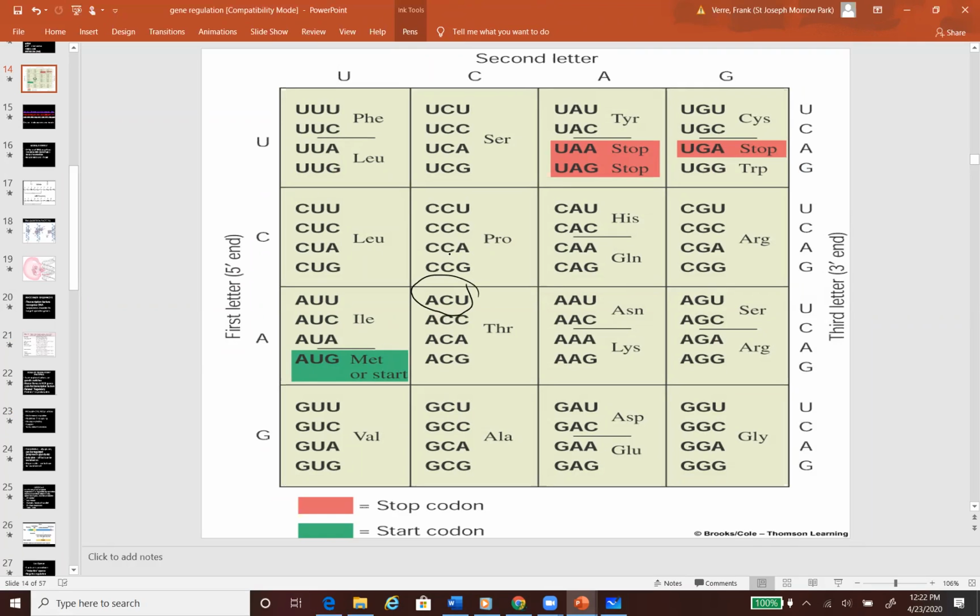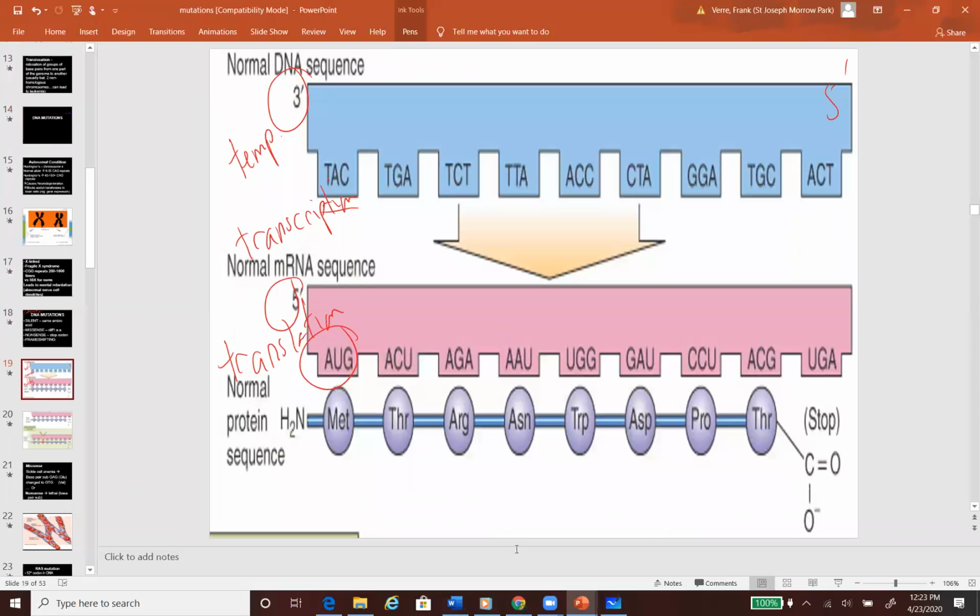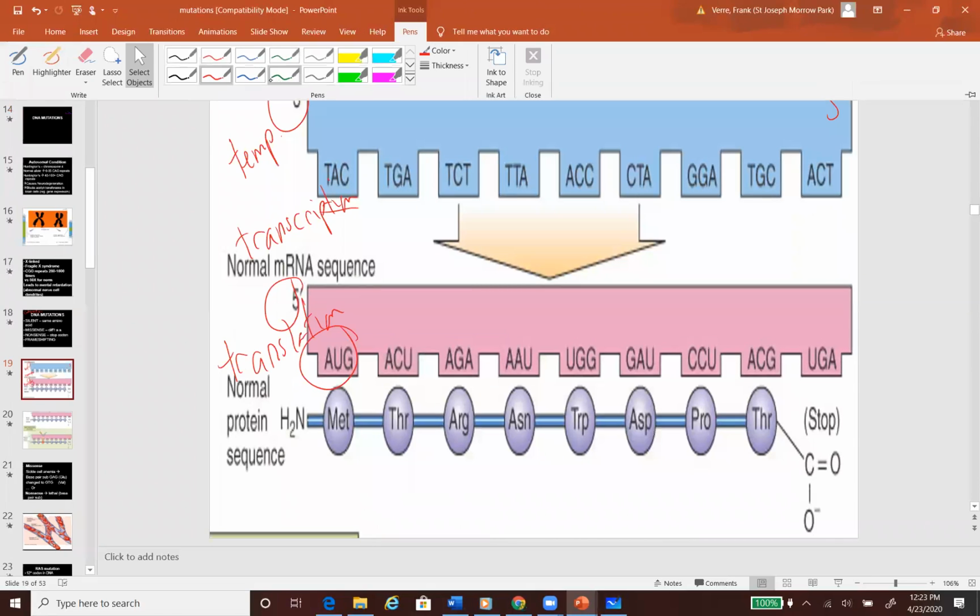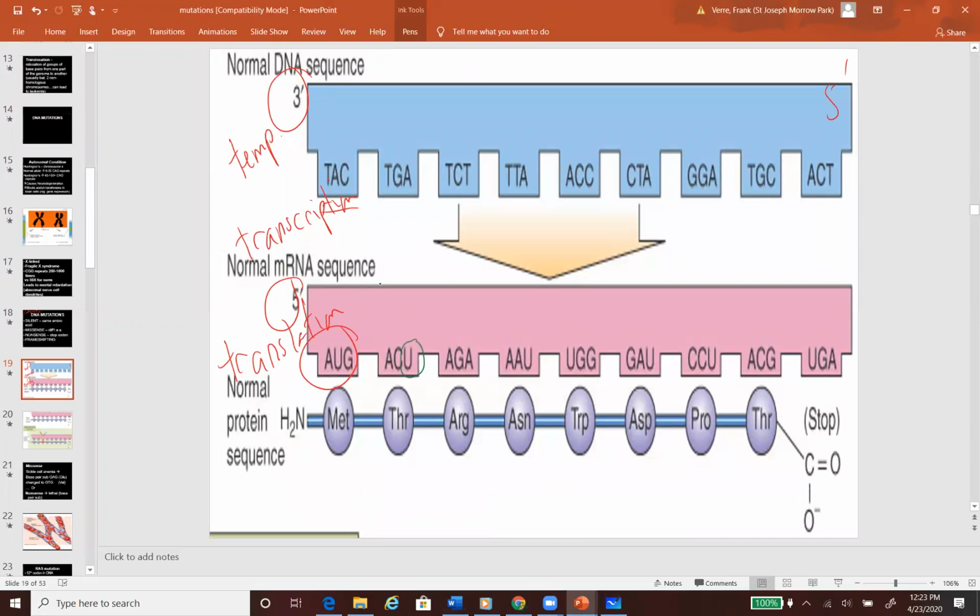Now, in a silent mutation, let's say instead of it being ACU, the last letter, the U, gets changed to a G, okay? Now, if that happens, then you still get threonine. You get the exact same amino acid. So if I change ACU to ACG, I still get threonine. Nothing happens. Okay?